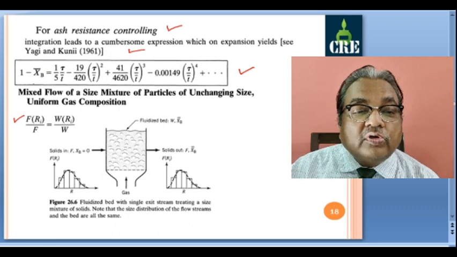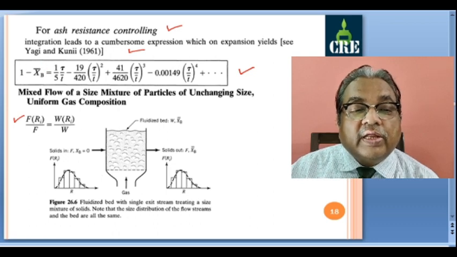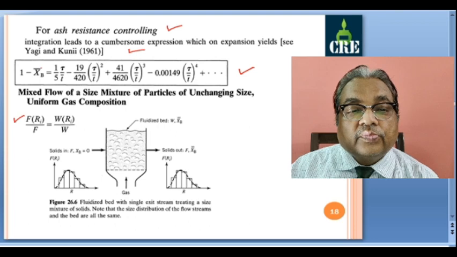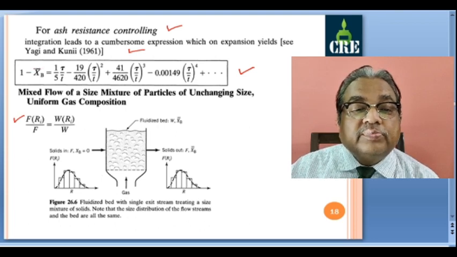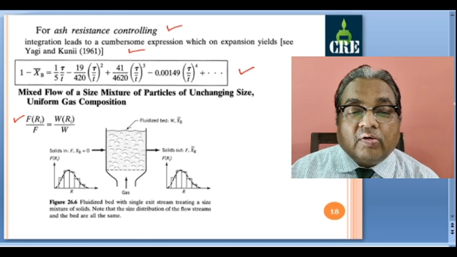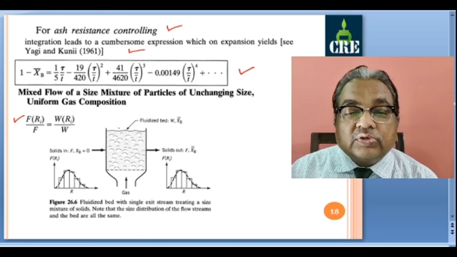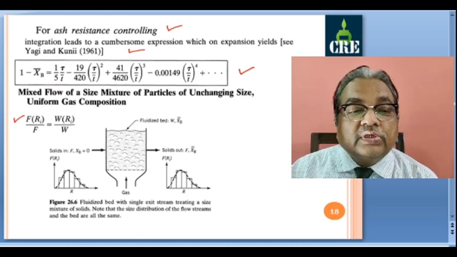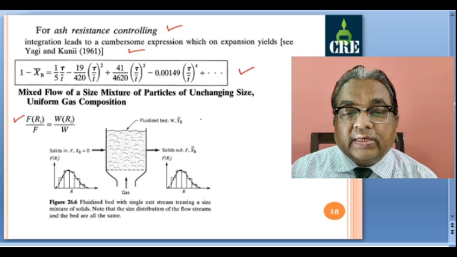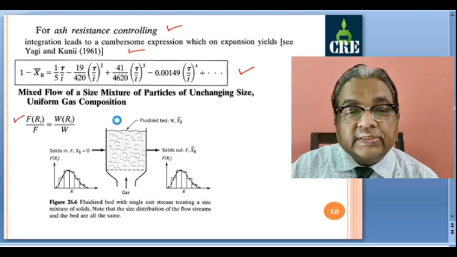So we have found out this mean conversion, the mean value for mixed flow for this mean term xb bar, because there is only a single size, but all ages we have summed up. Now here we have all ages plus all sizes. So this 1 minus xb bar we will write as 1 minus xb double bar. So here we are summing up all the ages and all the sizes.